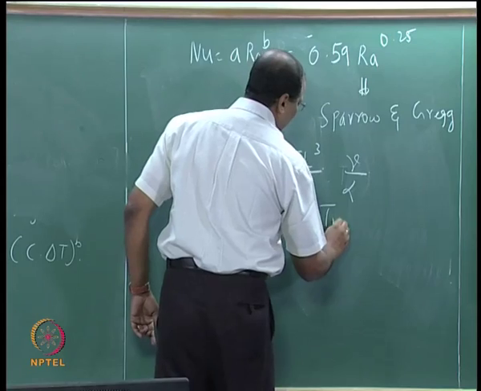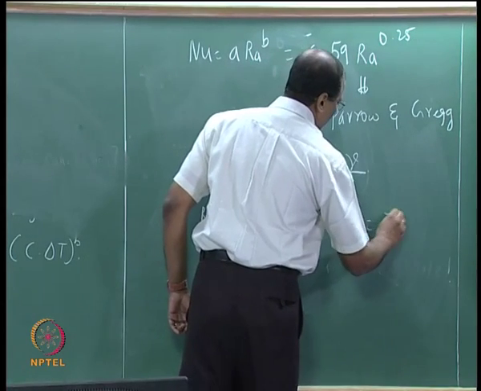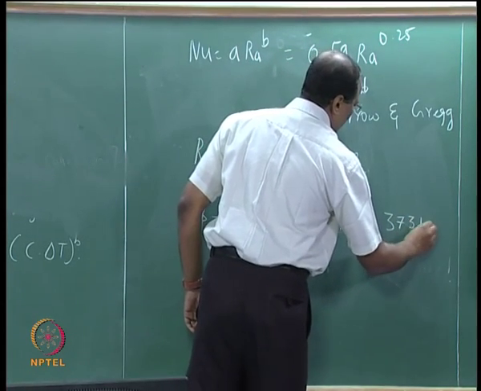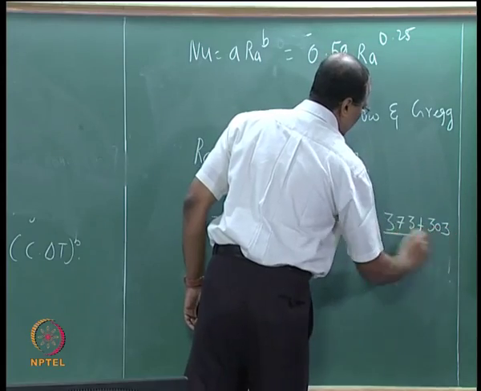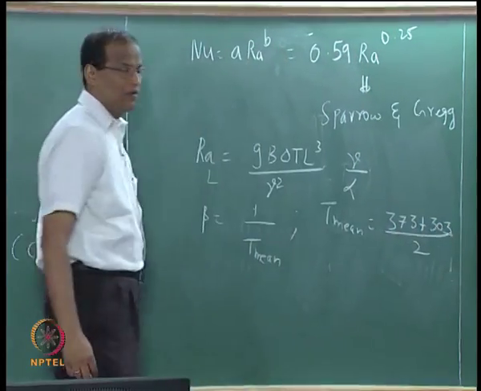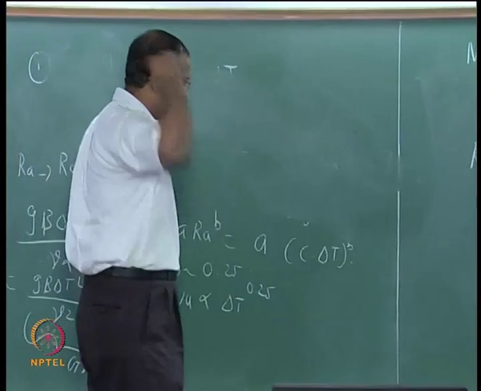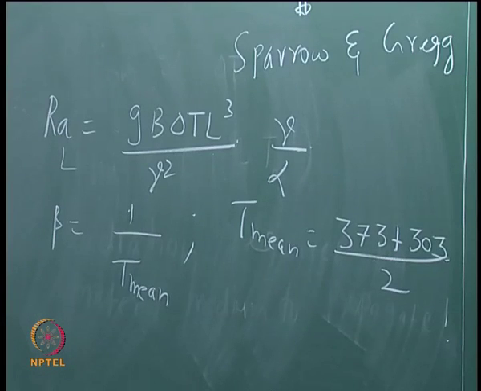Okay, so T mean, did I make it 303? Okay. What is T mean? Good, 338 Kelvin.